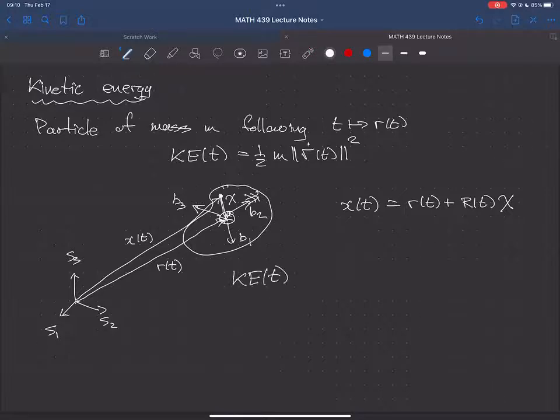So I'm going to take this point chi labeled in the body frame, and then labeled by x in the spatial frame.